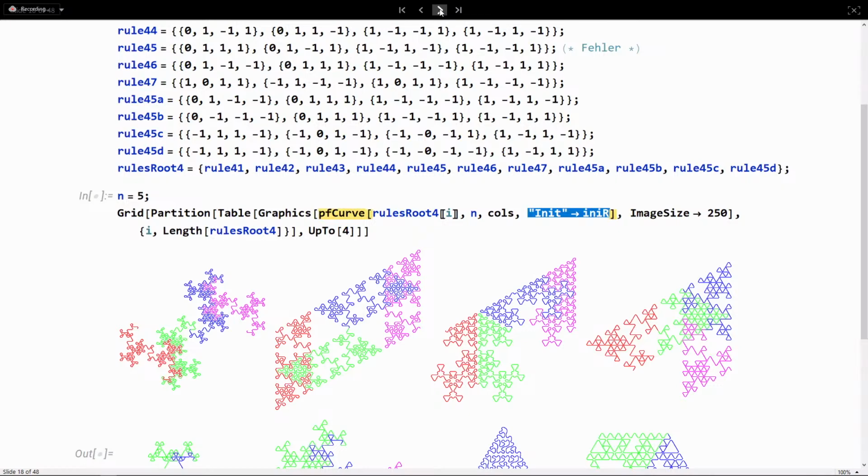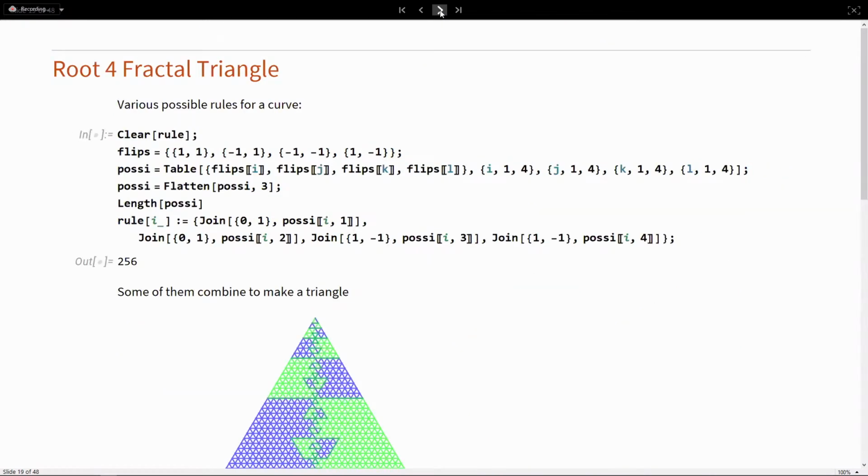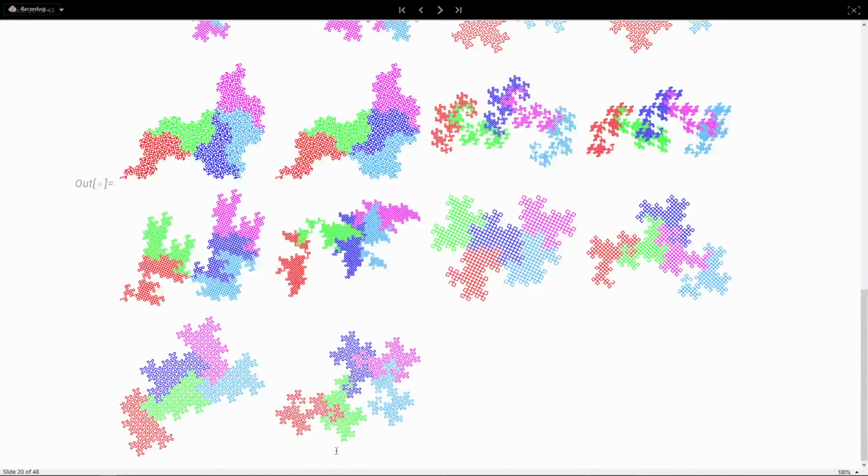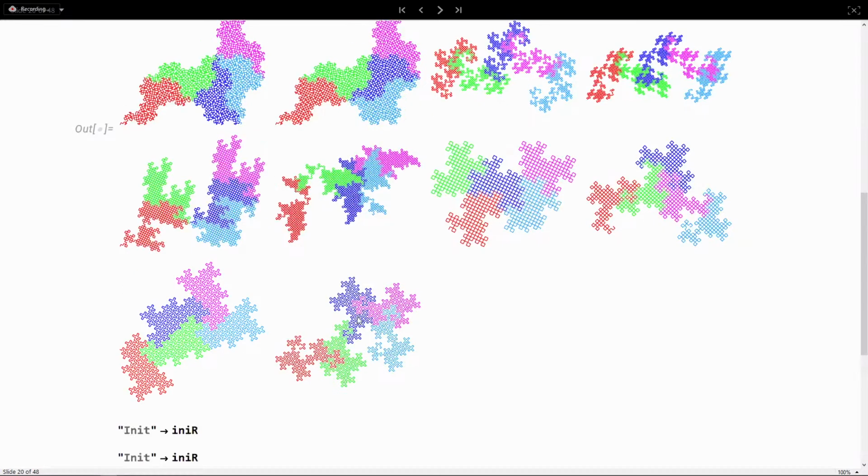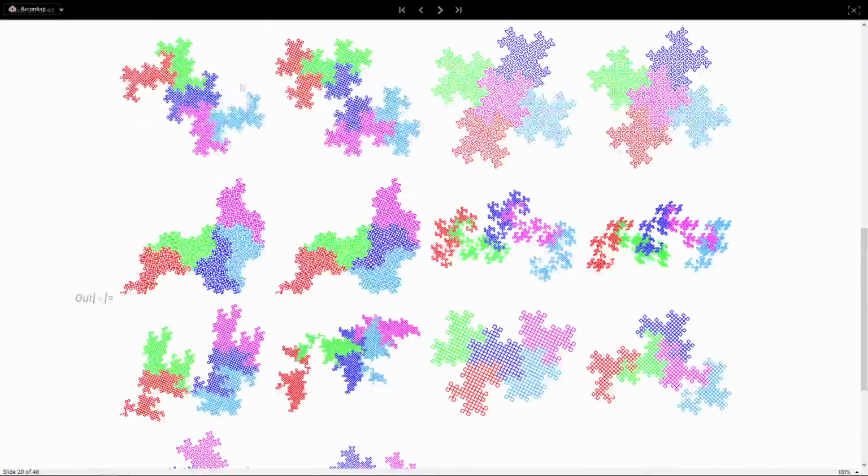So we can take this initial condition here, and let's see what happens here. Not sure why that's not letting me paste right now. Oh, there we go.